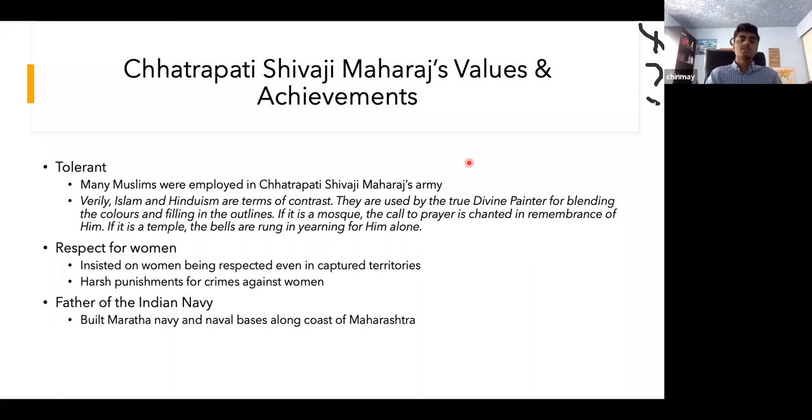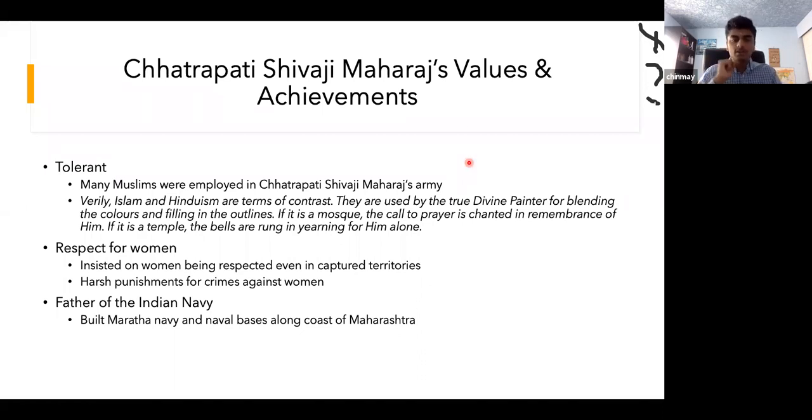And he's also known as the father of the Indian Navy because he built a Maratha Navy in a piece of geography in India where it was all about land-based war. The Mughals and the Bijapur Sultanate had a majority of their army on land. They did not invest at all in their navy, only very small investments.